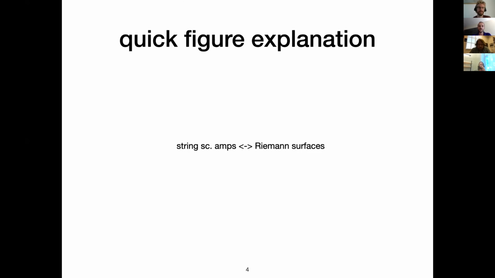Right, so I'll start out with two types of quick introductions. The first one is an explanation of the figures, the drawings, that there will be a ton of in this talk. I just want everybody to be on the same page. The first thing is that string scattering amplitudes correspond to Riemann surfaces.